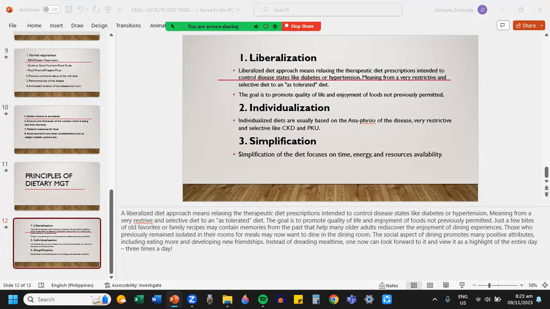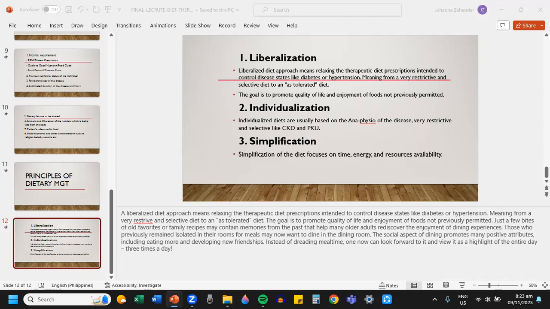But because of this liberalization mood, some physicians still allow them to enjoy some food items previously restricted to them, hanggang sa matolerate nila. Okay, so good, small or moderate amounts will do, para maka-enjoy pa rin sila sa pag-intake ng food.